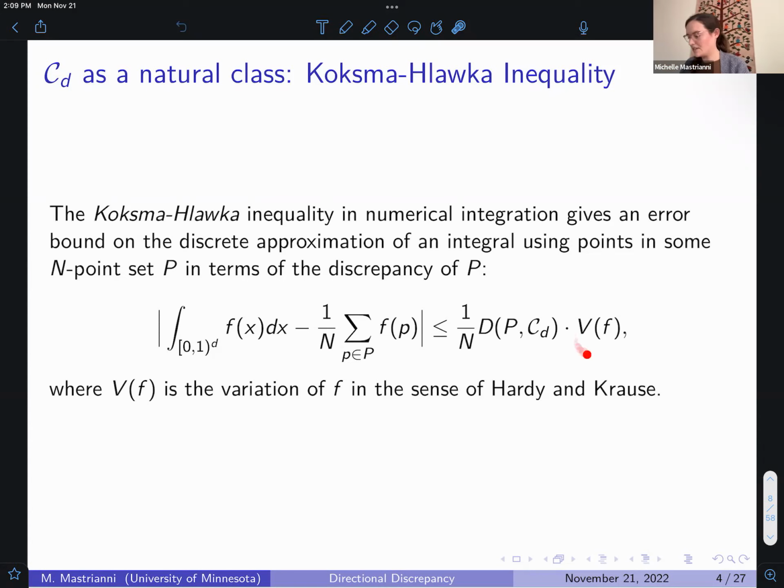And then you also have this piece that is dependent on the function itself. It's the variation in the sense of Hardy and Krause. It's roughly the L1 norm of the mixed derivative. But in any case, this is a very natural way of relating the continuous integral to a discrete approximation in terms of the distribution properties of the point set P.